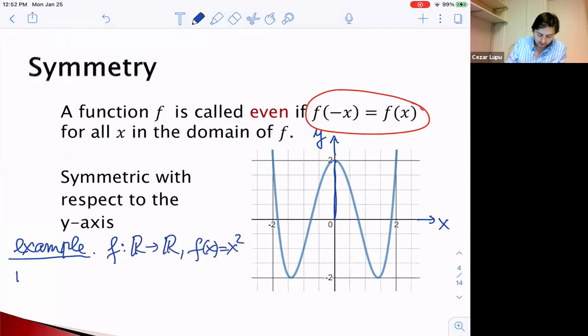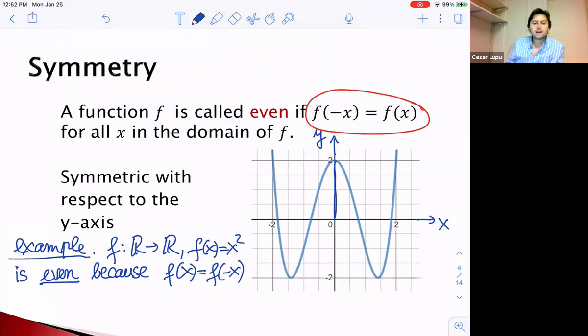So it is even because f of x is the same as f of negative x. Negative x, everything squared, is negative 1 squared times x squared, but negative 1 squared is 1. So there you go.